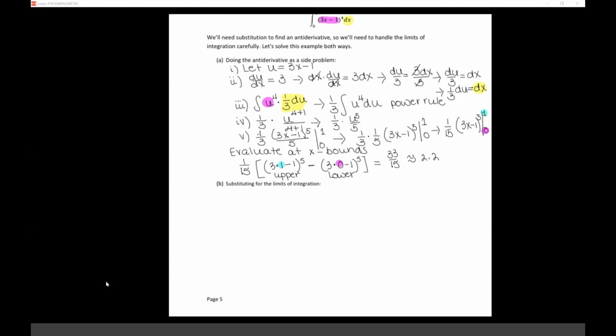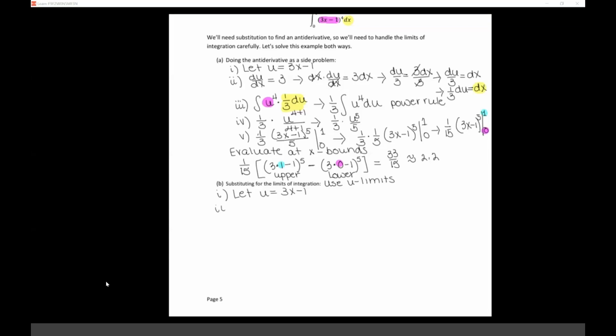Thank you, Richard. All right, let's try the other method. We're substituting the limits of integration, which means we're going to use u limits instead of x. The first two steps of the problem are exactly the same. Let u be 3x minus 1.